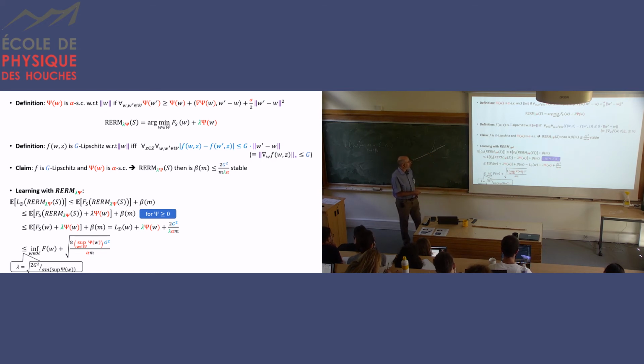And plugging that in, I get an error term here, which depends on the value of the regularizer on the W's with which I want to compete, times the Lipschitz constant divided by the number of samples.